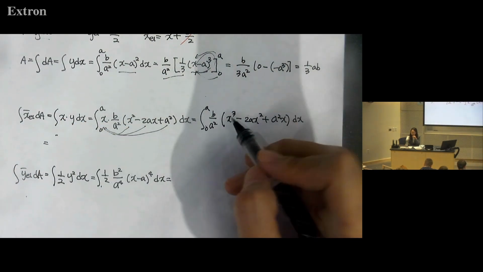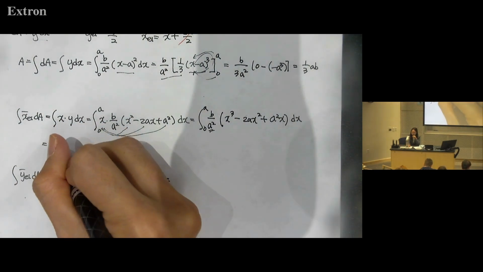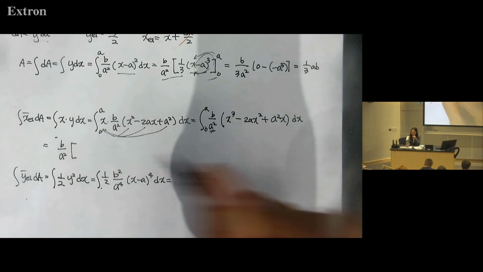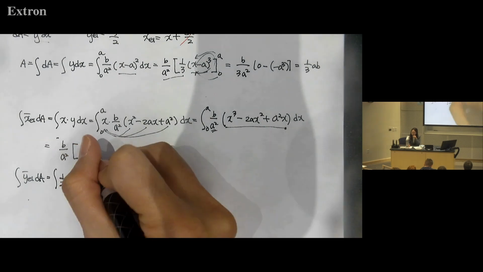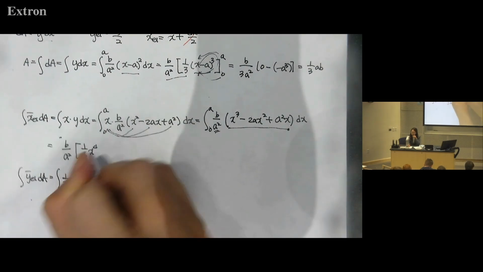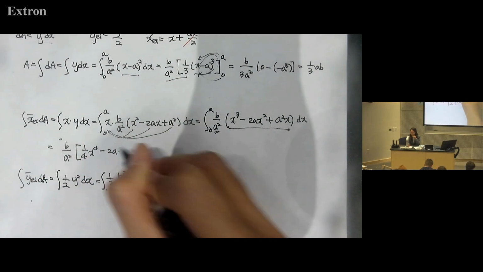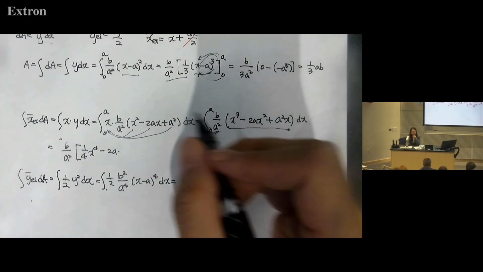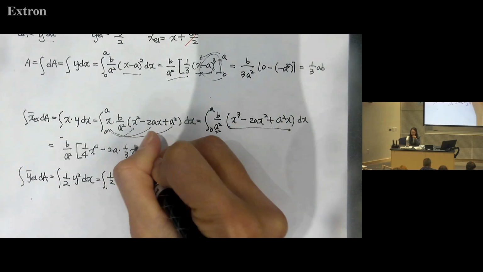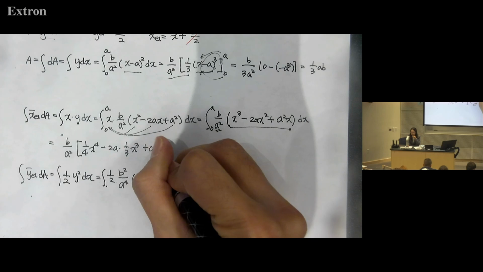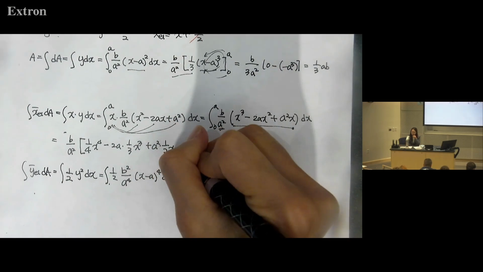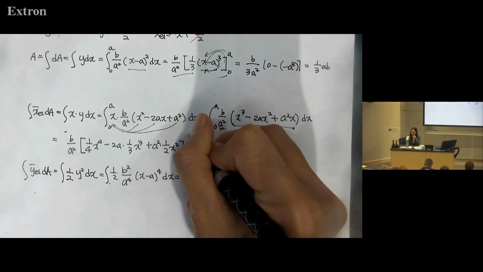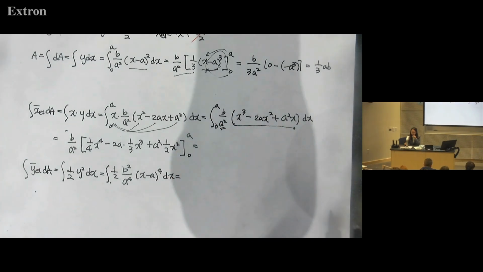And then we have this coefficient in front, and then calculate the integration of each term. So 1 over 4 x to the fourth minus 2a, and then the integral of x squared, 1 over 3 x cubed, and then a squared, and then this one, 1 over 2 x squared, from 0 to a.